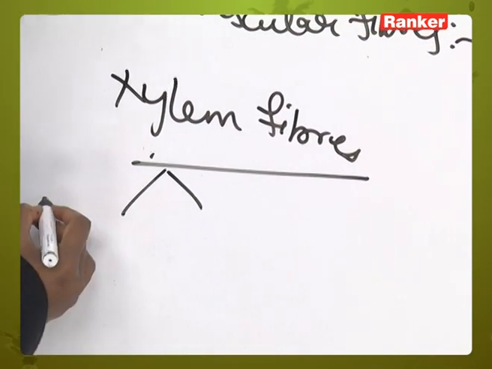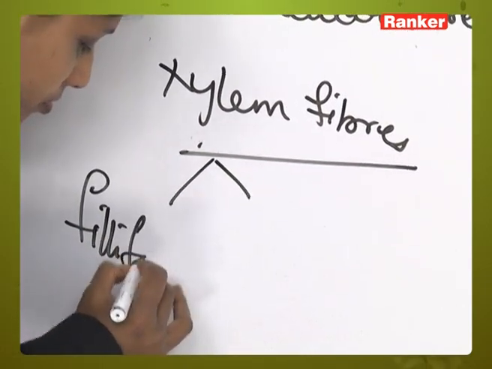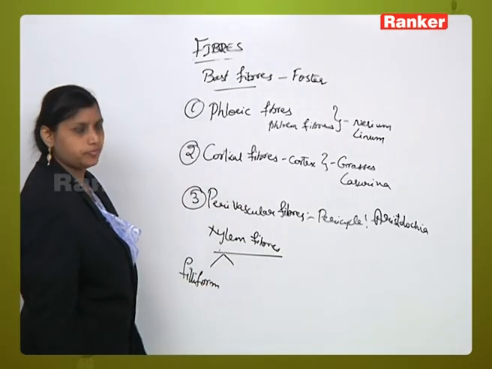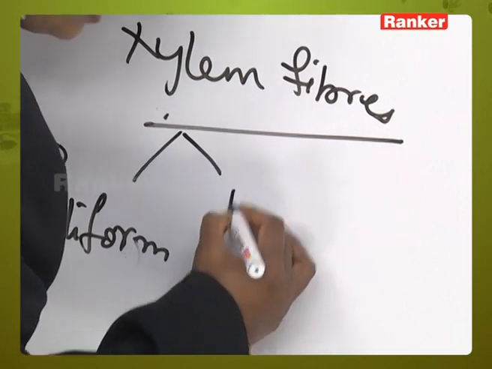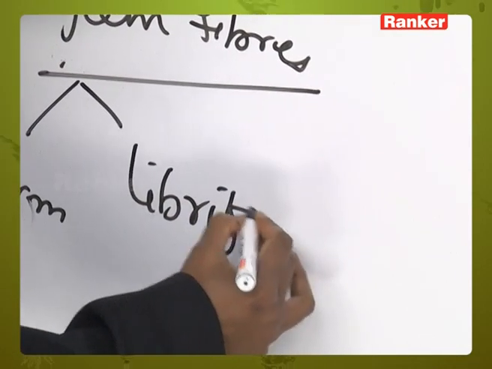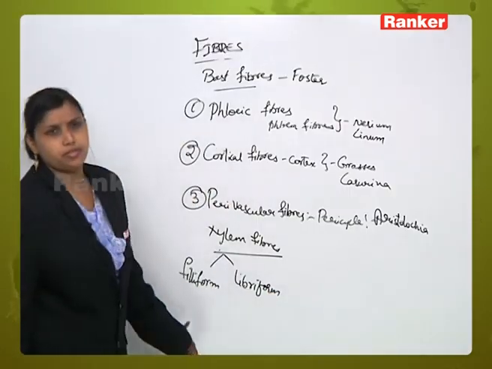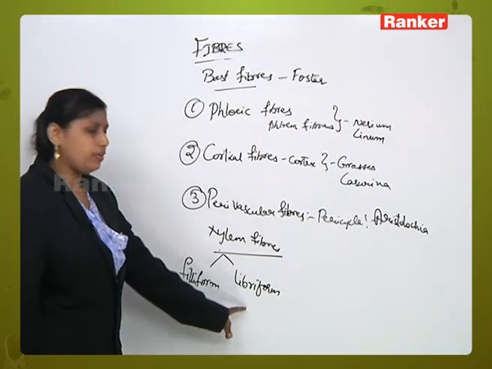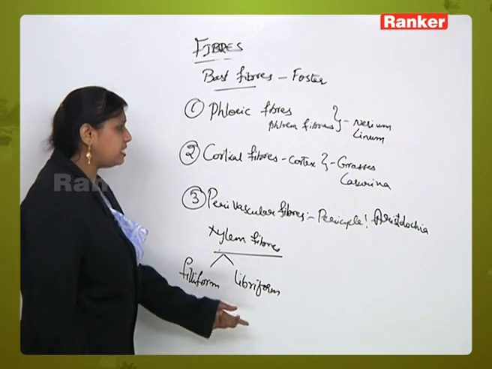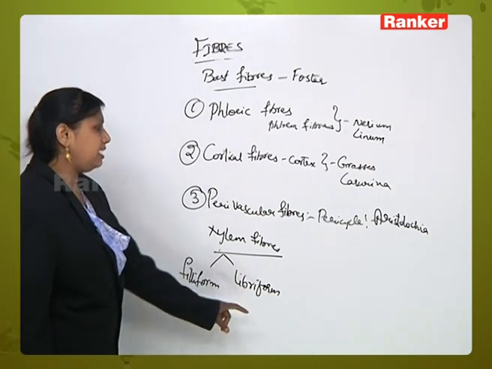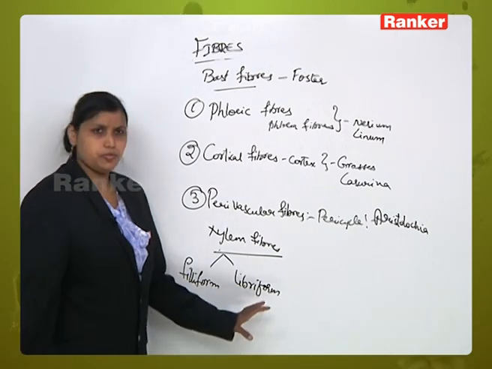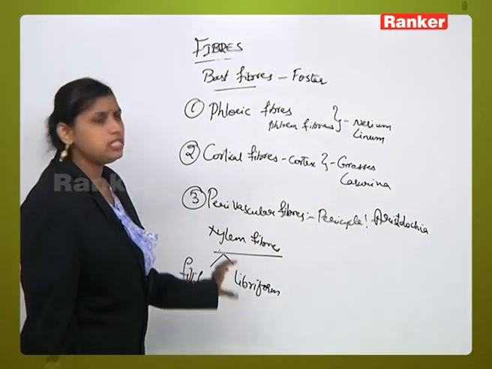Those are the filiform type of fibers, and you also have the libriform type of fibers. Xylem fibers are again of two types, libriform and filiform. Here these have simple pits, and these do not have any pit arrangement in the composition. Okay. Now, next we have parenchyma.